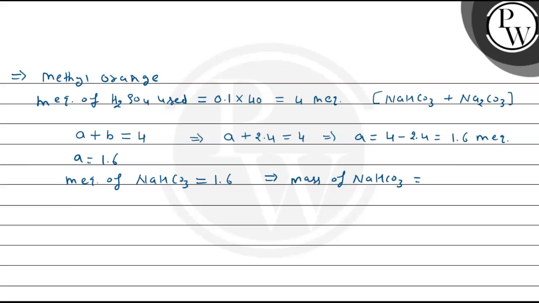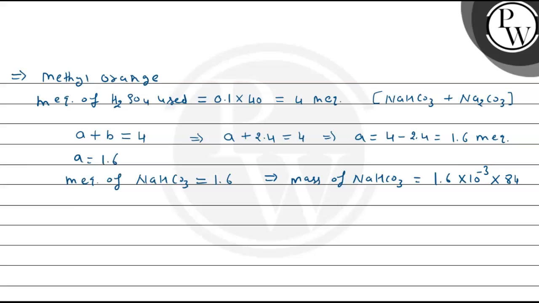So we can say that it is 1.6, and because these are millimoles, we have to multiply it by 10 raised to power minus 3. After that we have to multiply it by the molecular mass of NaHCO3, and it is 84. So this is the mass of NaHCO3 which is used, and it is actually present in 30 ml.